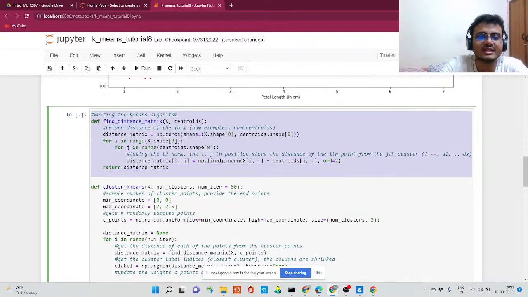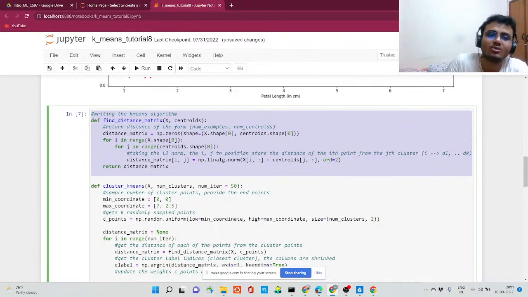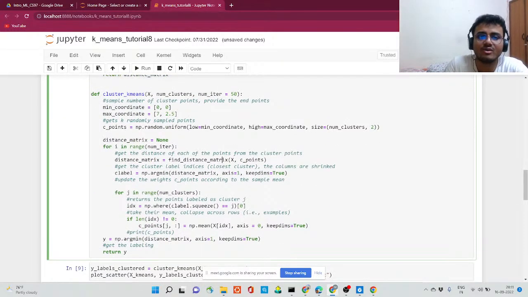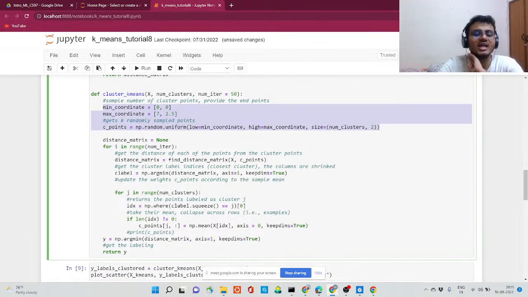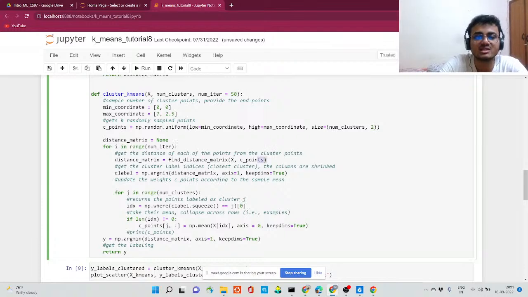This is the utility function helping me find the distance matrix, and this is the function that is helping me do the clustering. I'll do this clustering n times. This is nothing but initialization. I have taken the initial data and initialized the 3 clusters to 3 random points. Here I'm finding the distance matrix using the function I explained above.